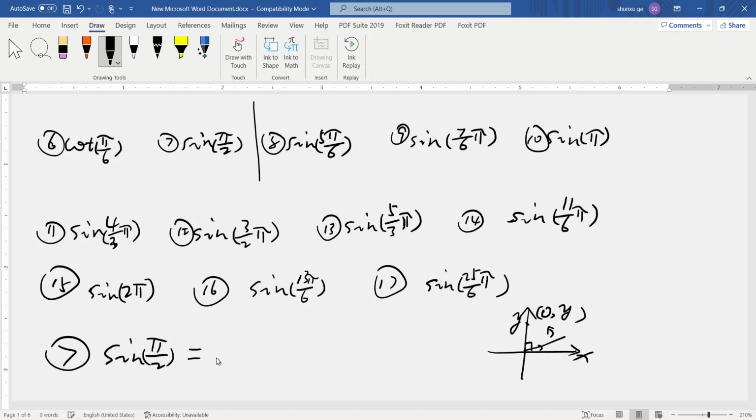So sine equals y divided by r, because here y is the same as r. They cover each other, so it's 1.